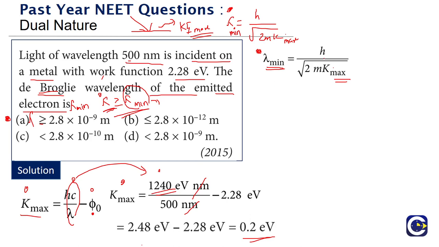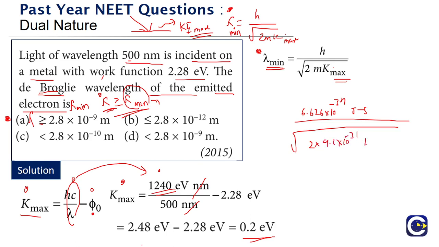If we substitute these values one by one: what is the value of h? 6.626 into 10 power minus 34, everything in the SI unit, joule second, divided by root of 2 into m, the mass of the electron, 9.1 into 10 power minus 31 kg, into K max.